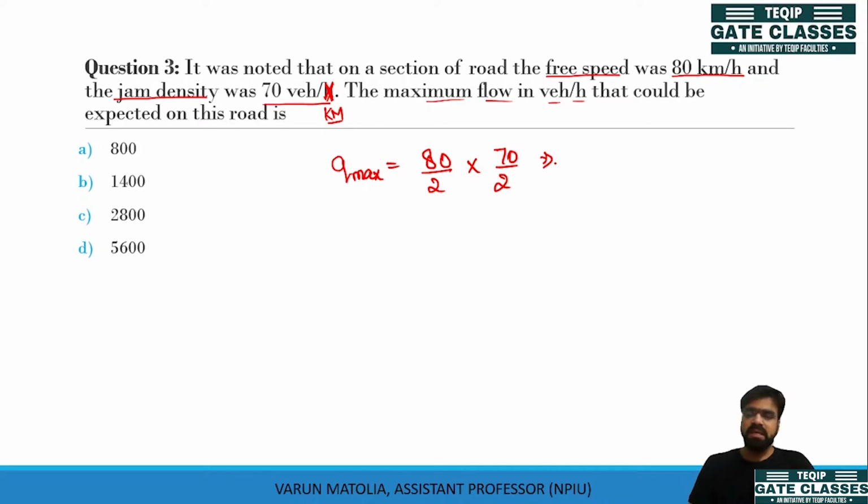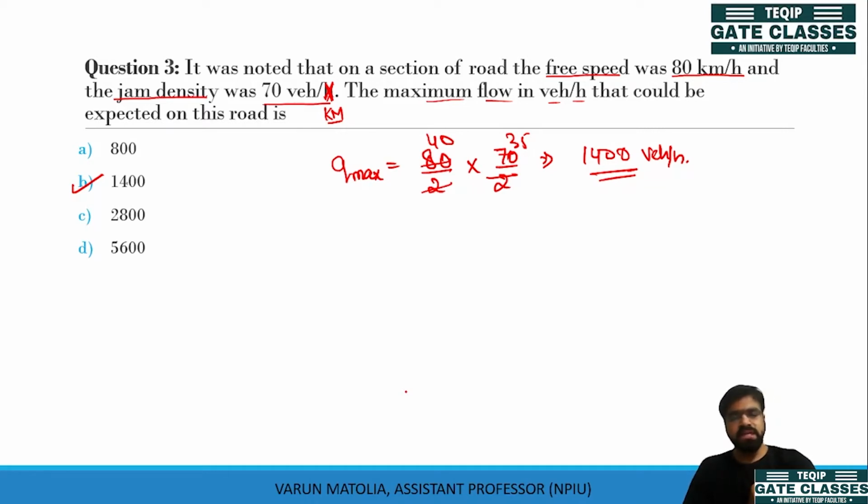Let us calculate the answer. It is easy. This is 40, this is 35. 40 multiplied by 35, you can write it as 140 and one additional 0, vehicles per hour. So 1400 vehicles per hour. This concept we have already covered in your first question.